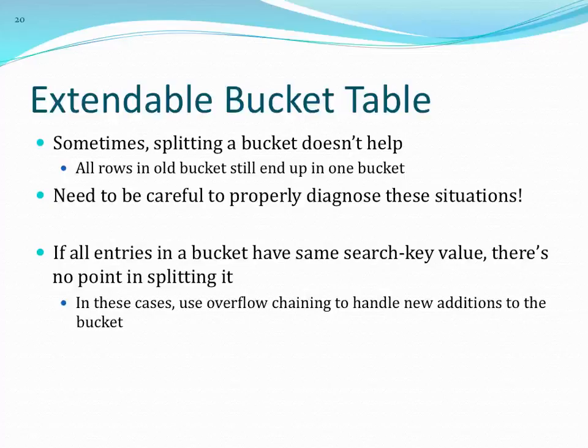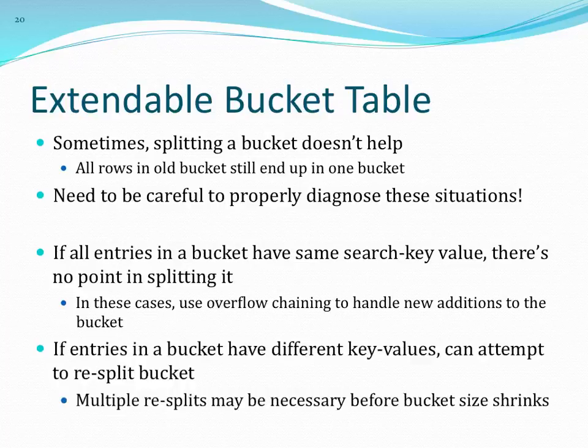If you have really bad skew in your data, you end up with a linked list of pages that you have to walk through, so it kind of turns into a heap file. What can you do? You can't always win. But if the bucket does have hash values that might be beneficial for splitting, then you can go ahead and split it, and if it's still too full, you can split it again.